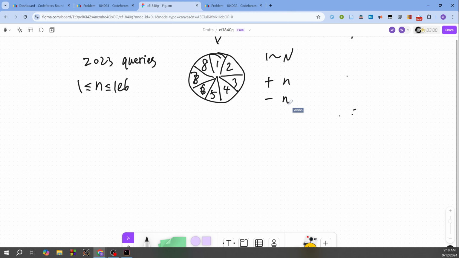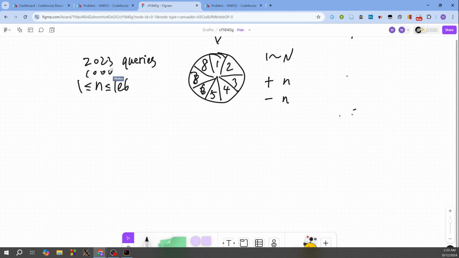You are allowed 2023 queries in G1, and 1000 queries in G2, which is harder because you have fewer queries.